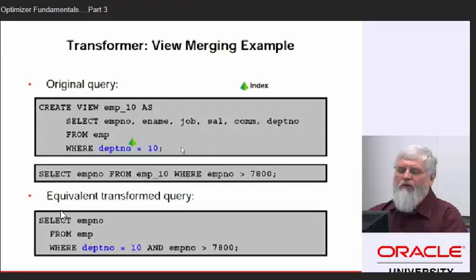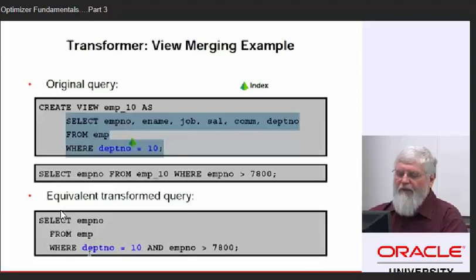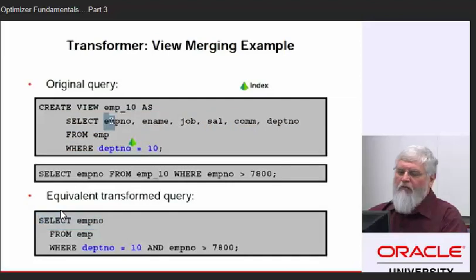Now in here we were looking at a group of columns, so we can just drop the columns we don't want, because that's all we're querying when we queried the view. Then do it from employees, and we put the first predicate in, which came from the view. And then we end it with the second predicate that comes from the query on the view.